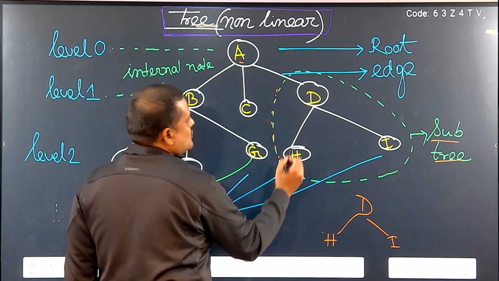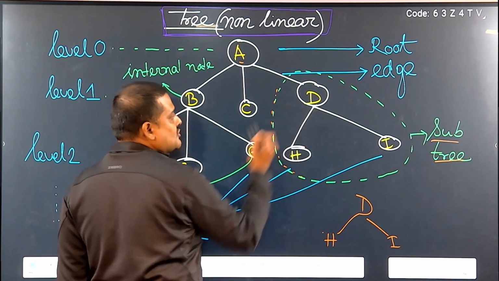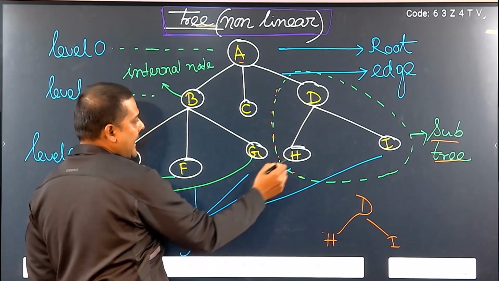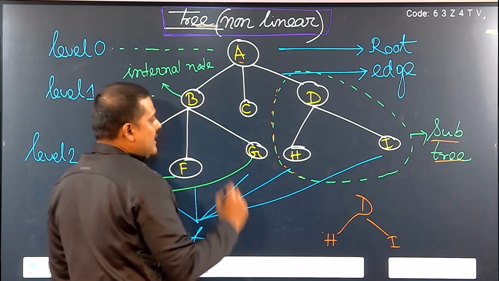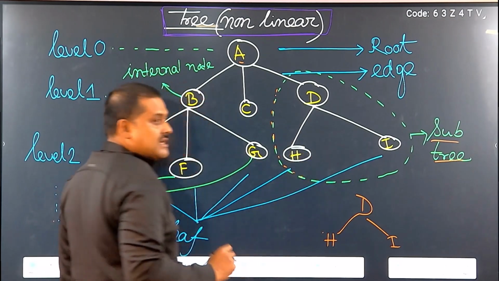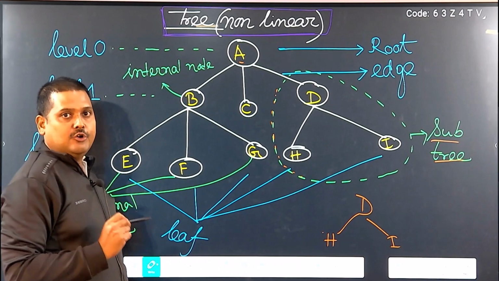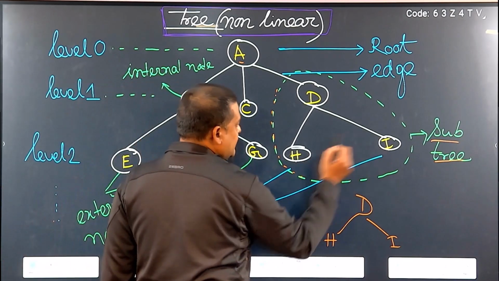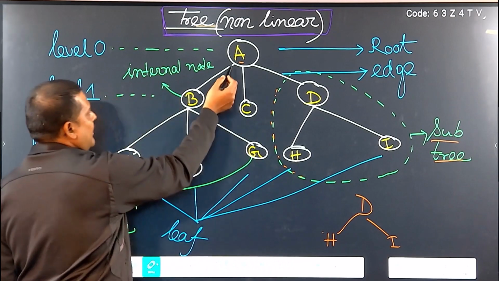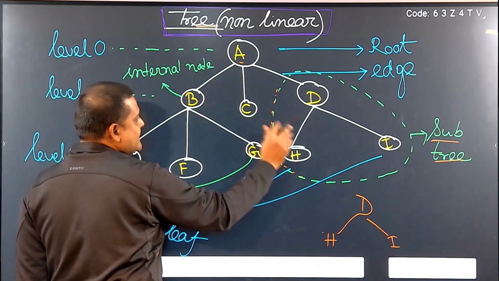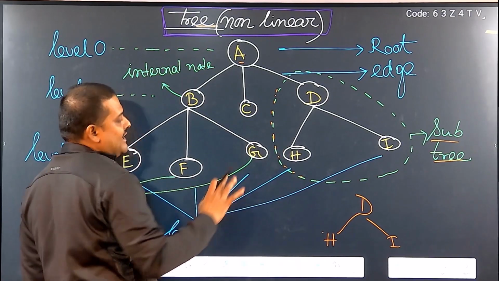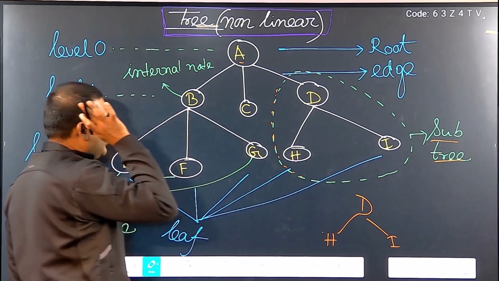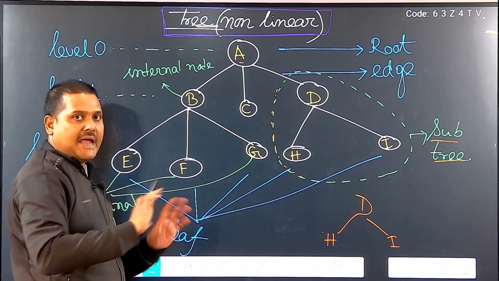In this case also, D is called the root of H and I. H and I are called child nodes. H is called the left child and I is called the right child. Here we are not discussing the binary tree, so it can be any child.